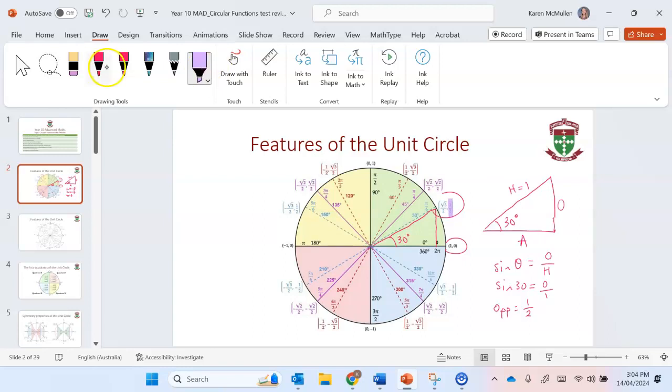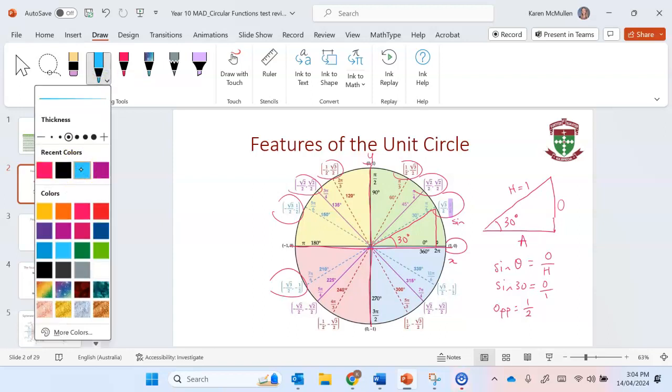When we're reading these points around the unit circle, they're actually coordinates on a Cartesian plane. So we've got our x and our y, and all these are just coordinates. What I've highlighted there is our y coordinate, and that represents our sine.